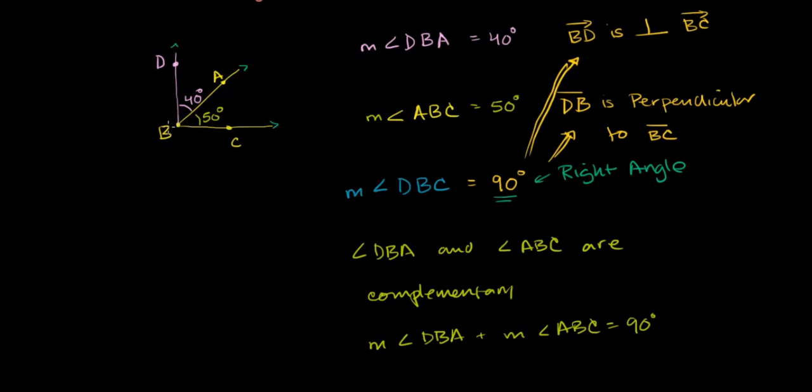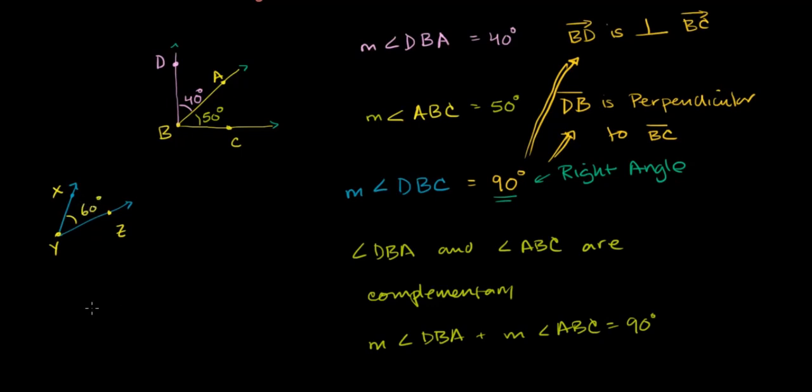Now, we have other words when our two angles add up to other things. So let's say I have one angle over here. Let me put some letters here so we can specify it. Let's say this is X, Y, and Z, and the measure of angle XYZ is equal to 60 degrees.